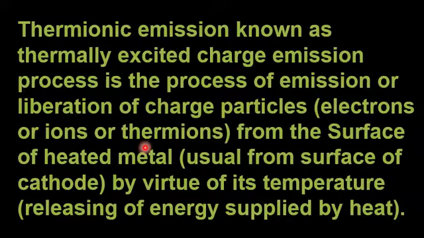Dear student, please note that in a metal, electrons reside on the surface of the metal. They move throughout the surface of the metal, and these electrons are known as free electrons. So free electrons act as an electron cloud on the surface of the metal.